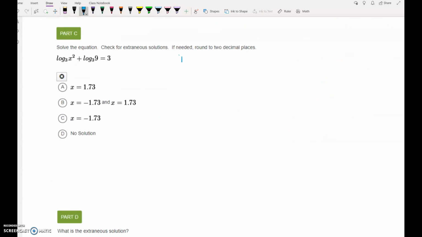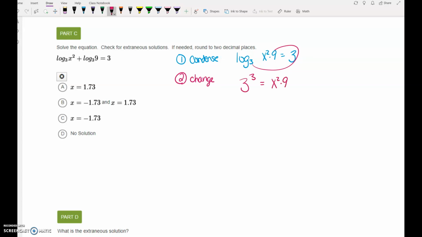Okay, our first step is going to be to condense. That will make this log base 3 of x squared times 9 equals 3. Our second step is to change forms. 3 cubed equals x squared times 9.